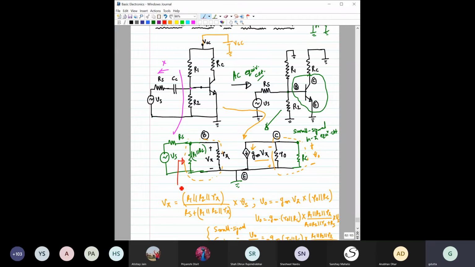If you look from here, the resistance that you will be able to see is called this input. Here it is only resistance, so that's what I am writing R in, but in general, it's better to say it is Z in, input impedance. So how to find this input impedance?